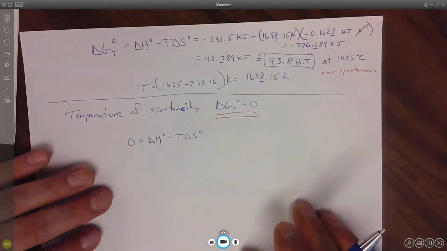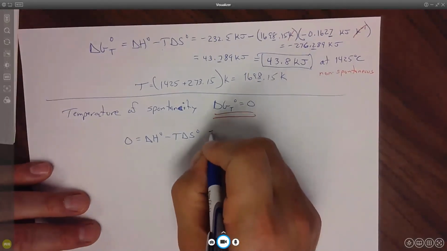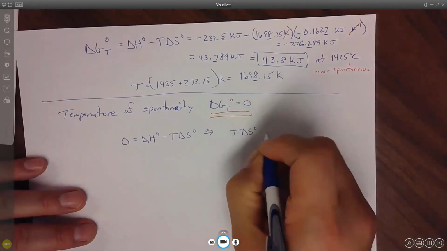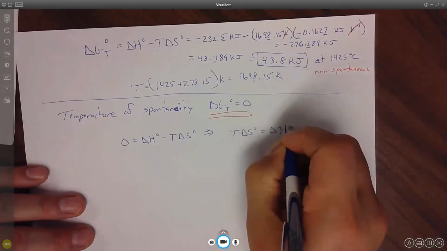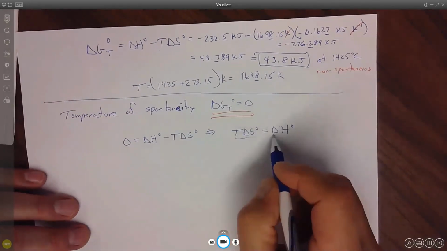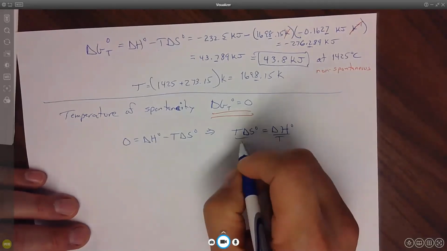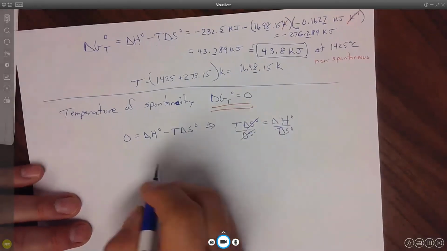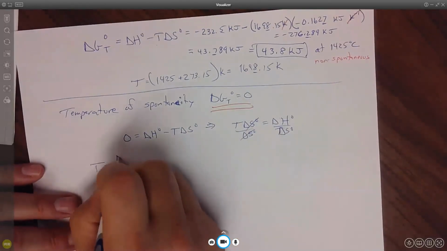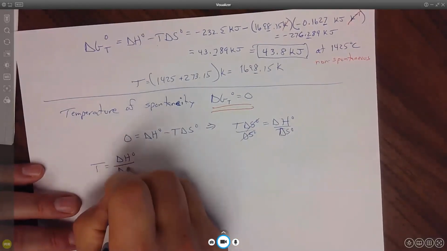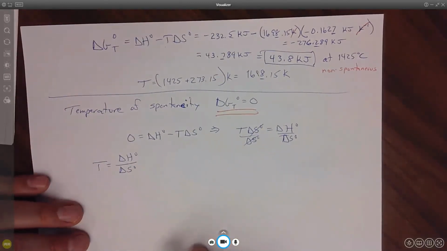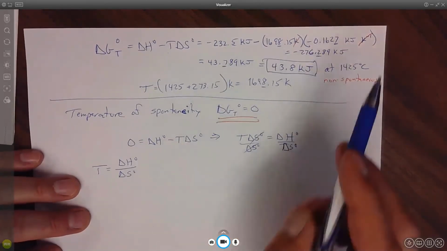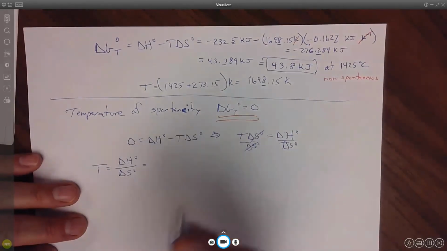Okay. So now we're just going to rearrange. I'm going to add this to both sides. And then finally, I'm going to divide both sides by del S, which of course cancels. And so T then is equal to del H over del S. And again, we've already calculated the del H and the del S. Remember, the units got to be consistent.